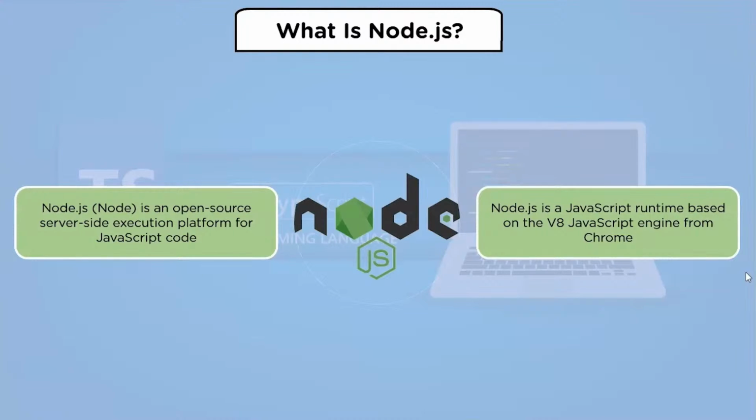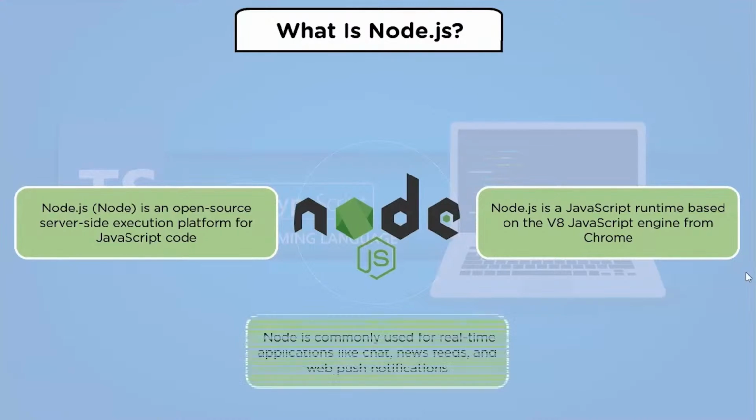Although Node.js is excellent for developing server-side apps, it lacks several current features such as type checking. It can also be difficult to manage a Node.js code base. Node is commonly used for real-time applications like chat, news feeds, and web push notifications because it allows for a persistent connection from the browser to the server.